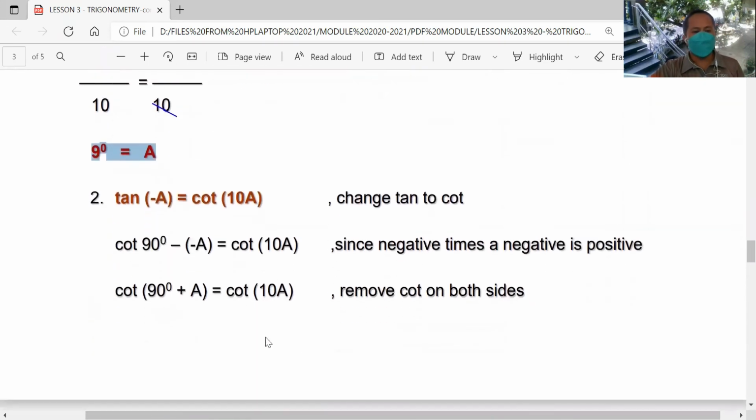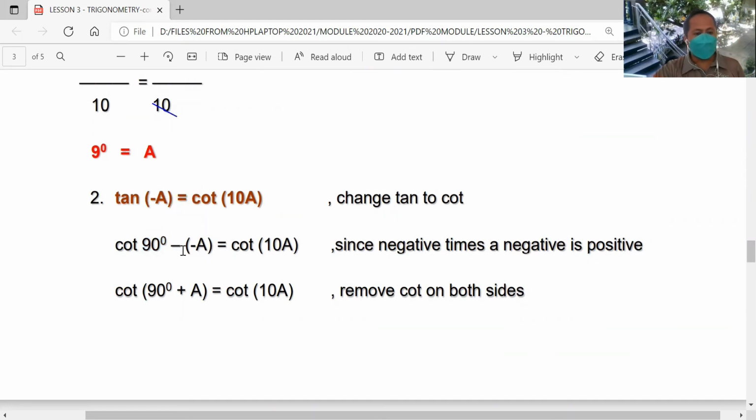So number 2, we have the tangent of negative a is equal to cotangent 10a. The same process. Since it is negative a, we subtract it from 90 degrees. So 90 degrees minus, then include the negative a because that is part of the angle of tangent.